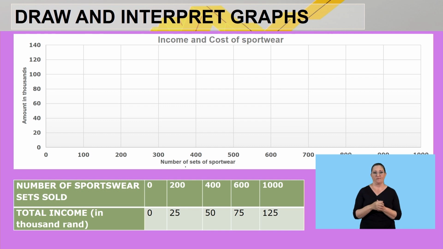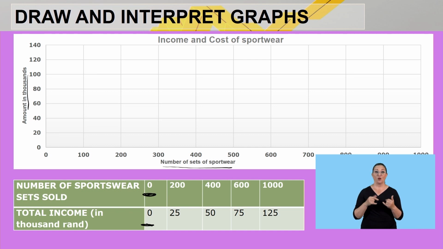On this side, the number of sportswear will be our x values, and the amount in thousands will be our y values. This is the table given to us, where it says number of sportswear 0, the total income is 0, meaning this person did not sell anything. So the income will be 0.